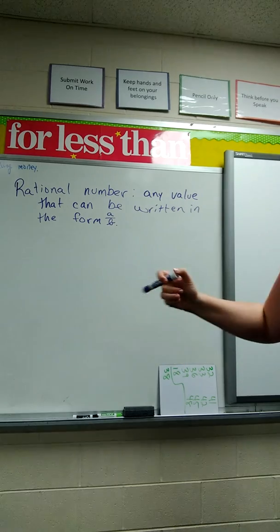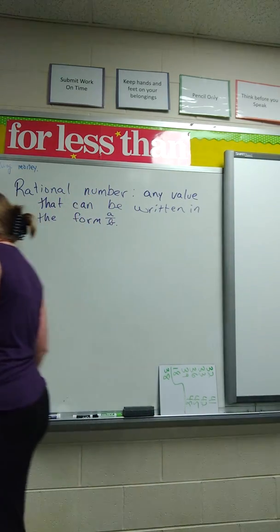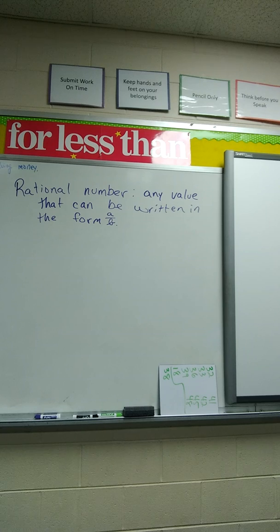Okay, good. Let's look then at what we can do with these numbers. So we're going to work today, and I have some rational numbers that I'm going to write as a fraction. If we look in our book at the bottom of page 101, it says example 1, and we're given 2 different rational numbers to write as a fraction.